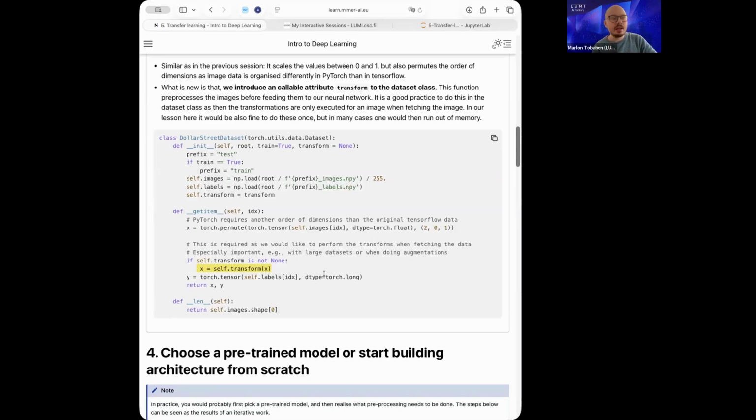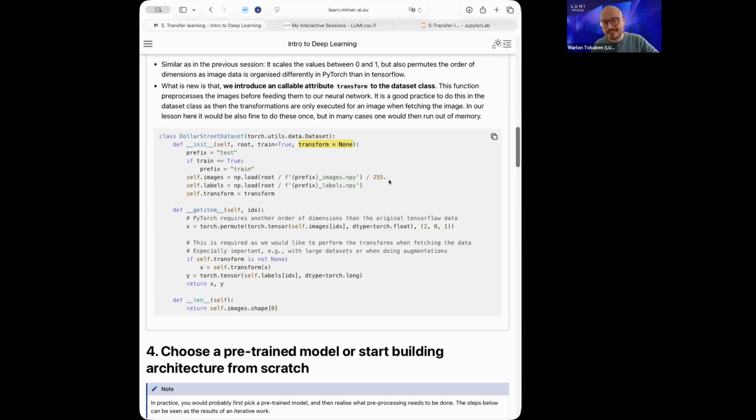So not only this stuff that we anyway have here, like for example this normalization or this permutation that we talked about, but now we can apply basically any function that we would like to this. And this is usually what you have when there's a pre-made data set, that you have the ability to pass a function. And now you might ask yourself, okay, why is that?